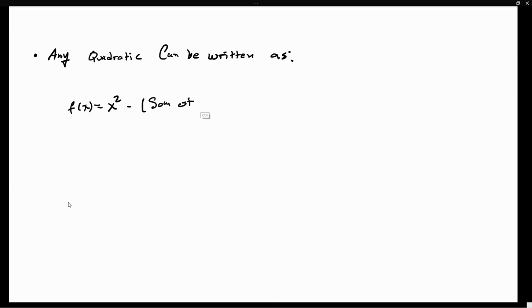And that is that for any quadratic, it can be written as f of x equals x squared minus the sum of the roots times x plus the product of the roots.